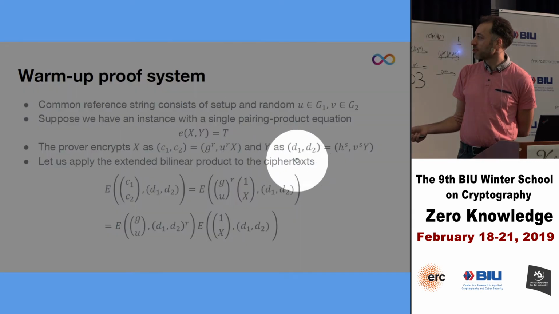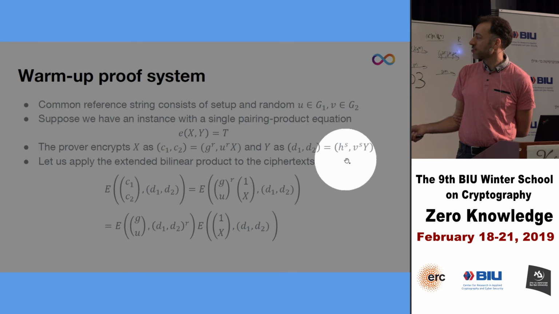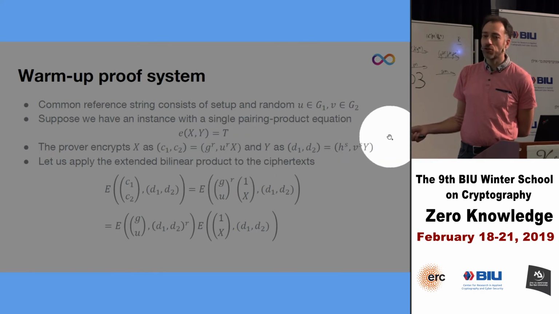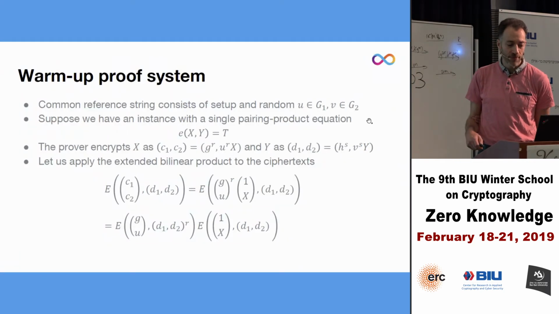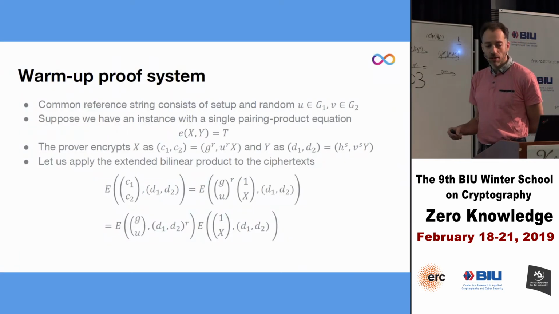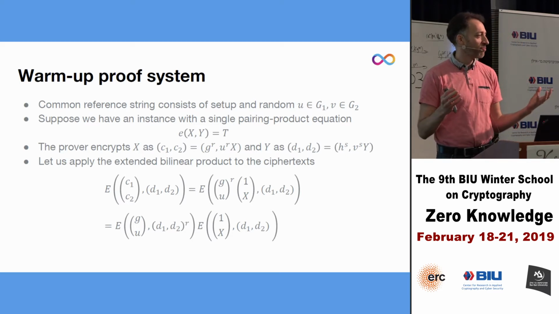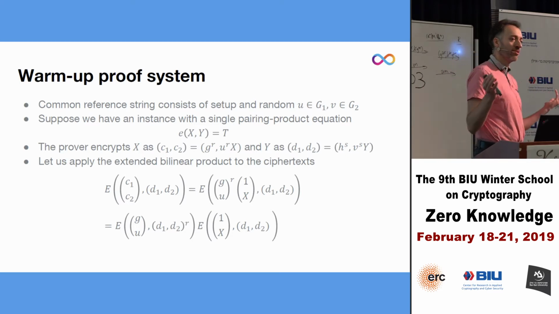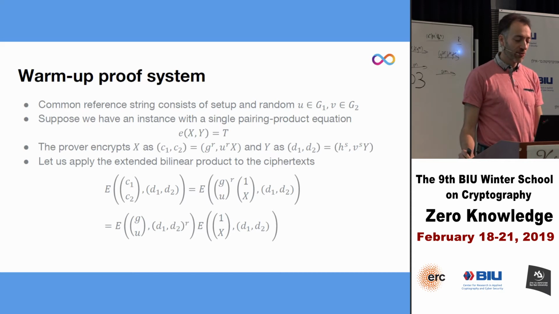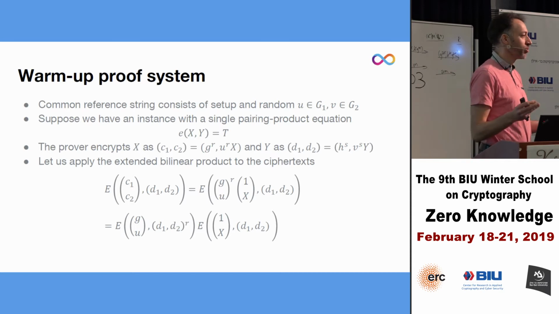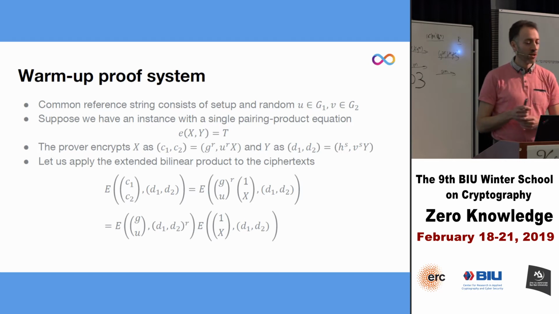We will also ElGamal encrypt y as D1, D2 being H to the S and V to the S times y, where R and S are chosen at random. At this stage, we've taken our secret variables and encrypted them so they're hidden from the verifier, and then let's start doing things with them.